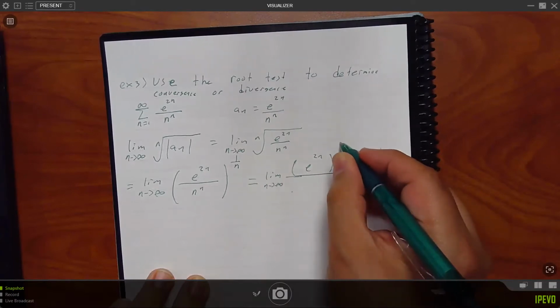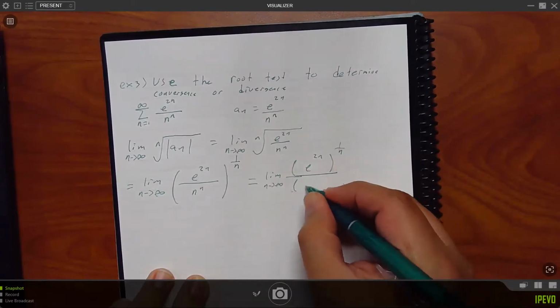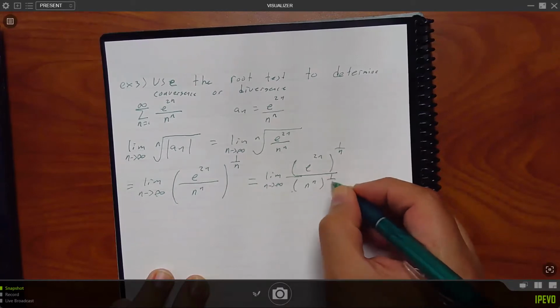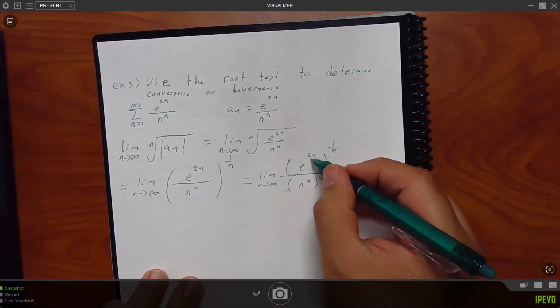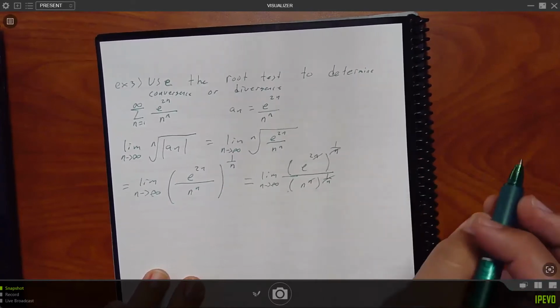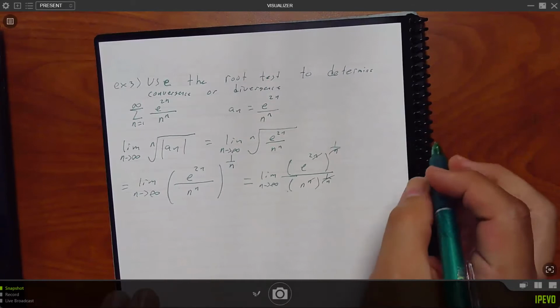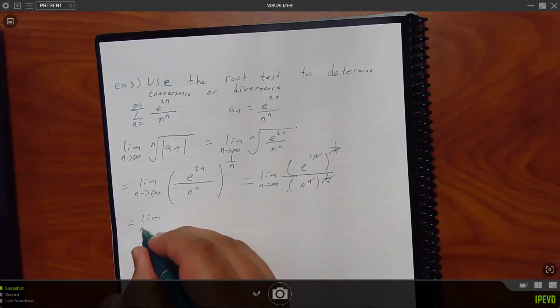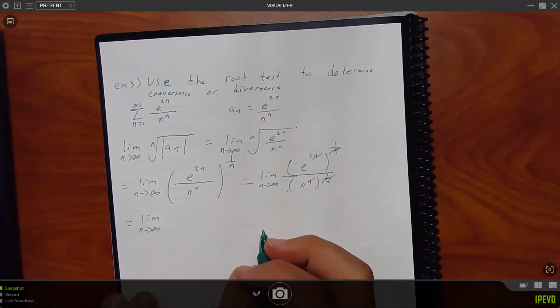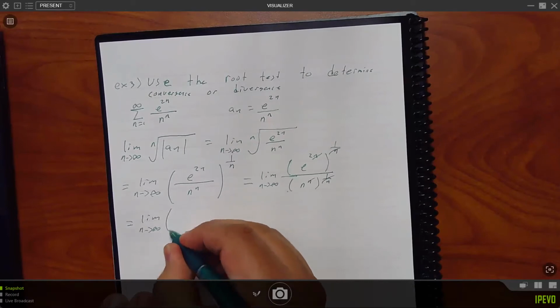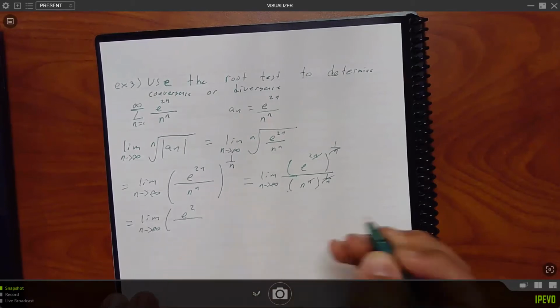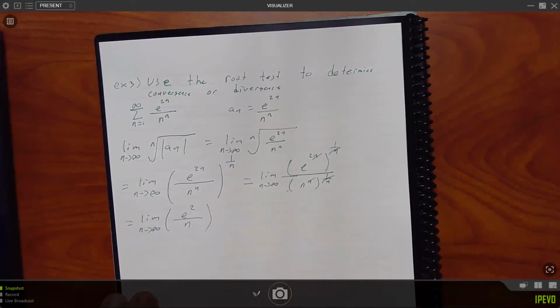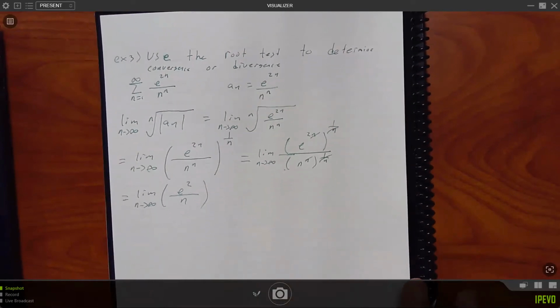And if you have power on both, you can separate it onto each part, right? Notice how these will cancel here, right? They're using the rules of exponents. You guys remember from algebra 1? So I cancel on the ends. Now take the limit. What's the limit going to be?